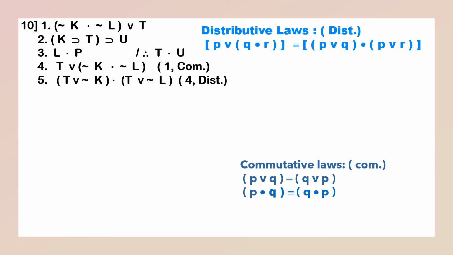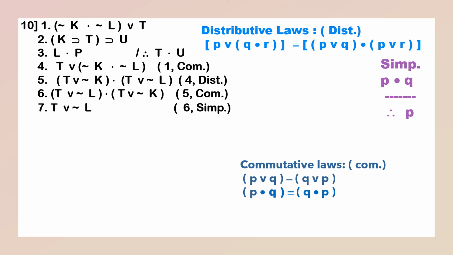Distributive law and you will get T wedge curl K dot T wedge curl L. L is on the right hand side, so you have to bring it on the left and then simplify. So commutative law again, and you get T wedge curl L dot T wedge curl K. Commutative law. Now you can separate it by simplification.